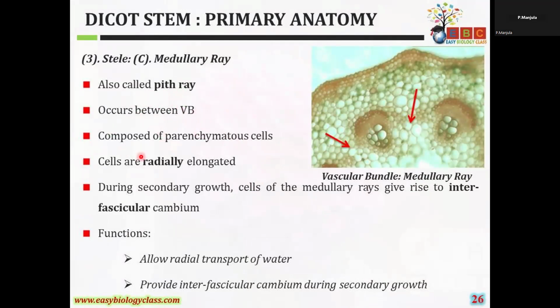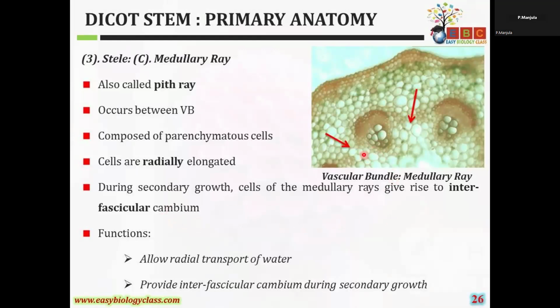Medullary rays are made up of parenchymatous cells, and the cells are radially elongated. During the secondary growth, the cells of the medullary rays give rise to the intervascular cambium.